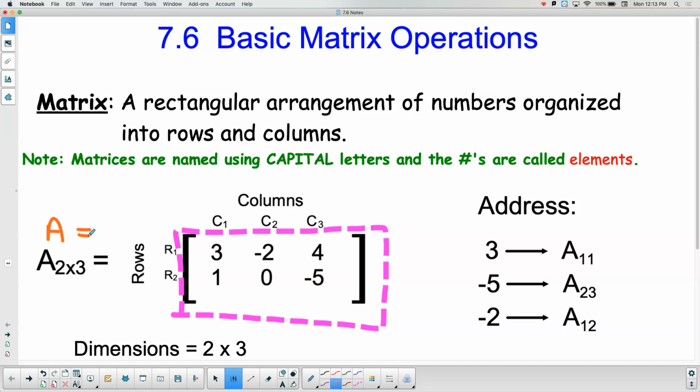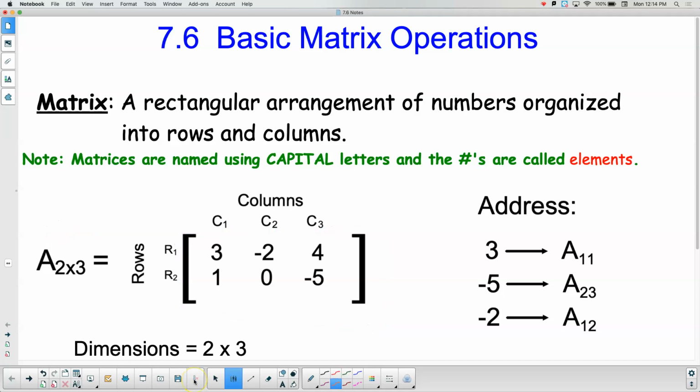Everything in matrices, this is important, you should write this down. Everything in matrices is rows by columns. Rows first, columns second. Each individual element has an address.